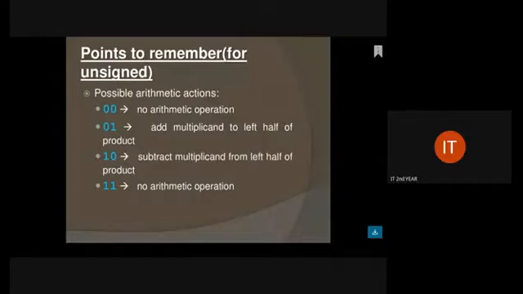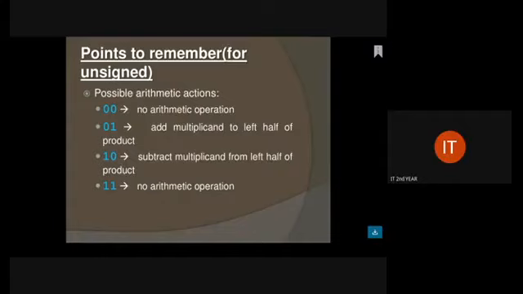For 0 0 and 1 1, we don't perform any kind of arithmetic operation.